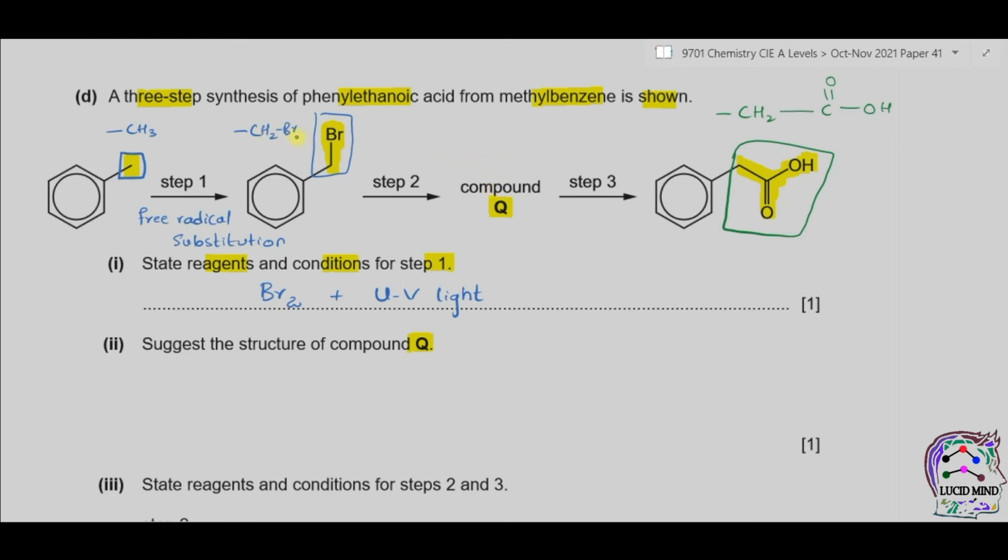So we can convert this CH2Br into CH2CN. This will increase 1 carbon atom. So the structure of compound Q will be a benzene ring, we already had 1 carbon atom present, and now we have CN also present.